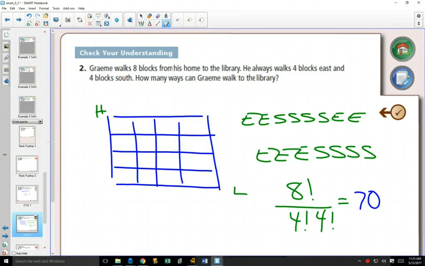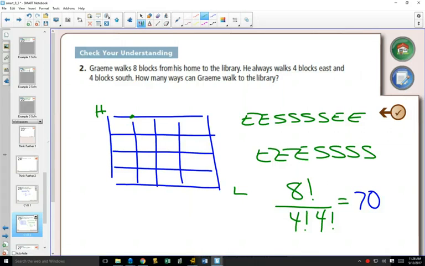Another way that this question is sometimes done is if we start counting the ways to different intersections along the way, we get the following. For example, how many ways can he get to that corner? Now we're also assuming that Graham is an intelligent being, and he knows where the library is, and he knows where his home is.